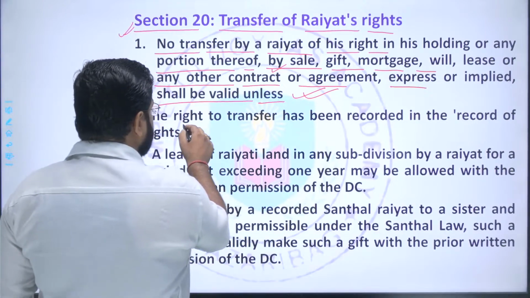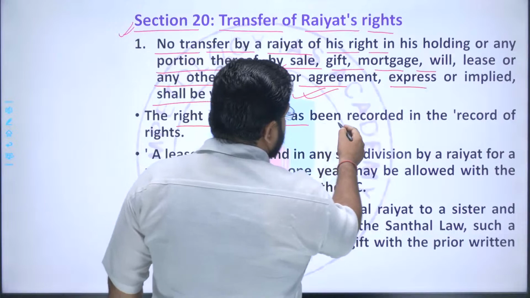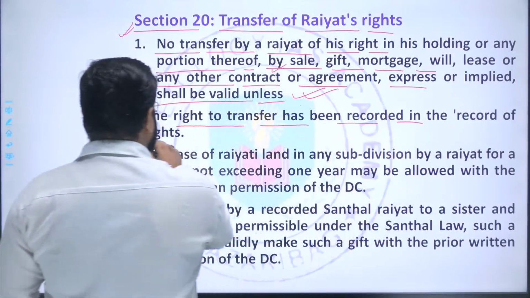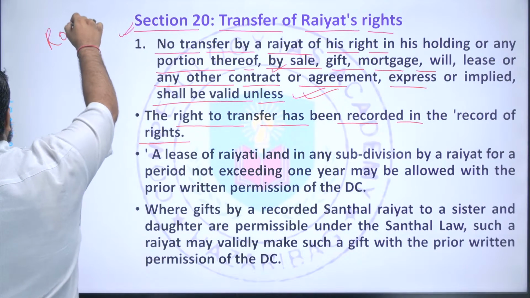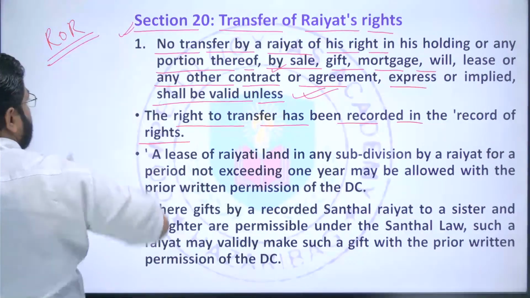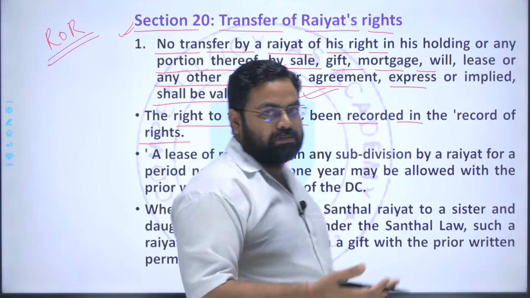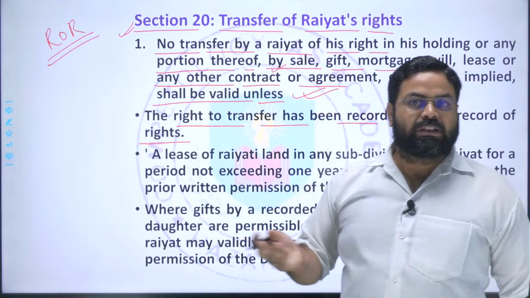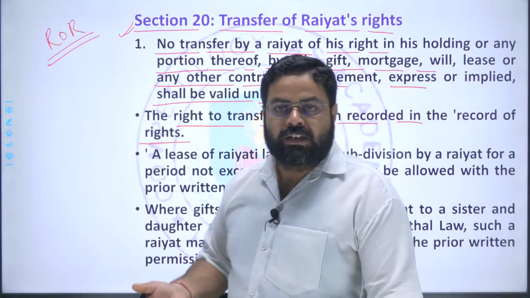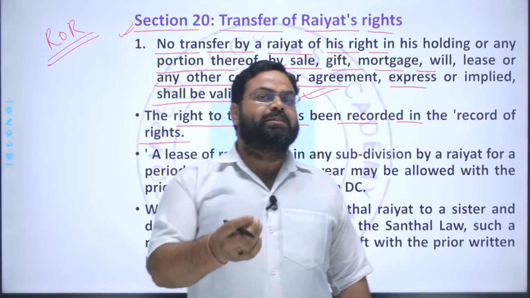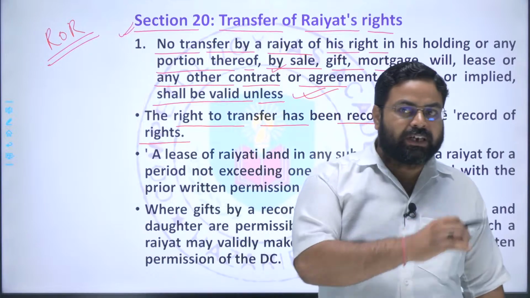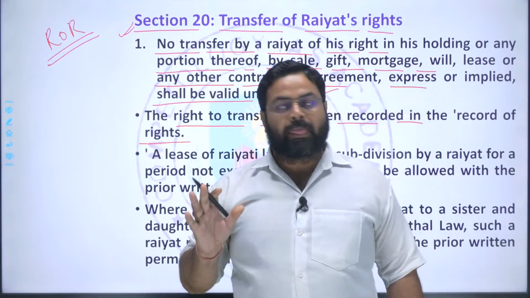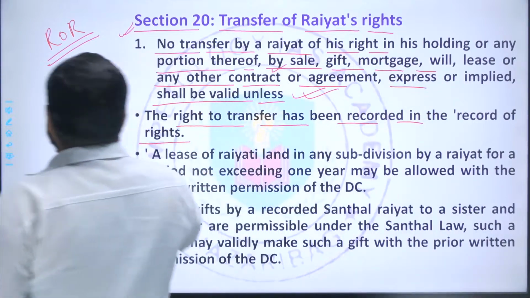The first condition is that the right to transfer has been recorded in the record of rights. When the record of rights is compiled during the survey, even today the same trouble is going on about the 1932 Khatiyan, because in Jharkhand after 1932 the survey has not been done. After that the record of rights has not been updated, and that is why it is a big issue.